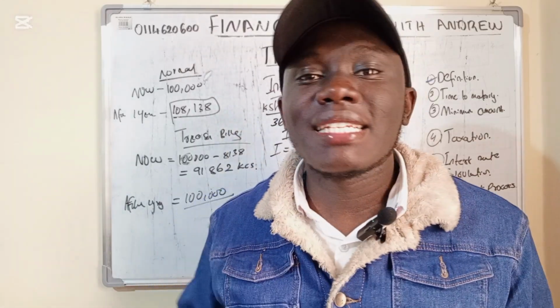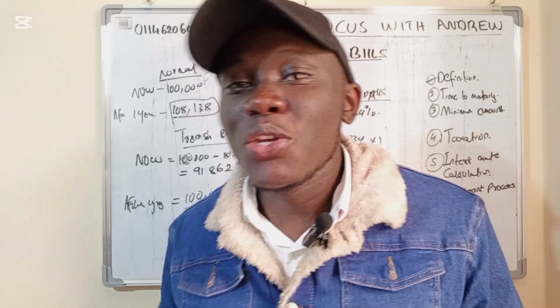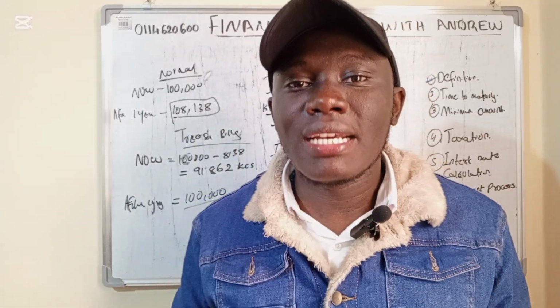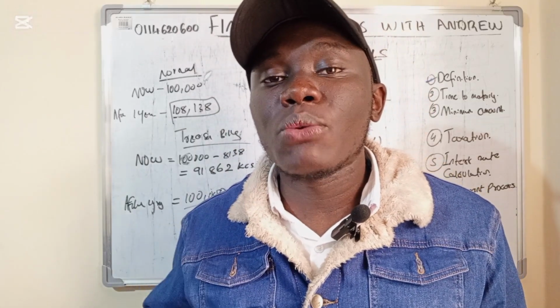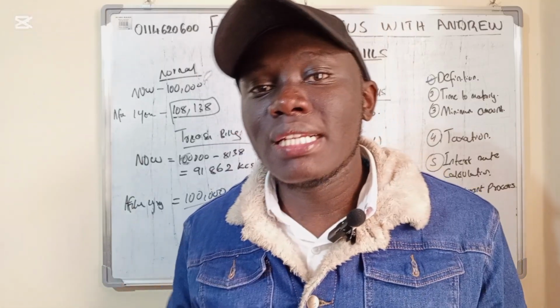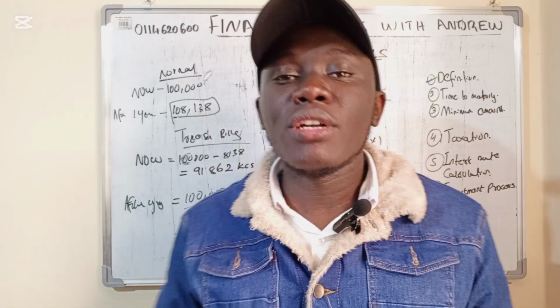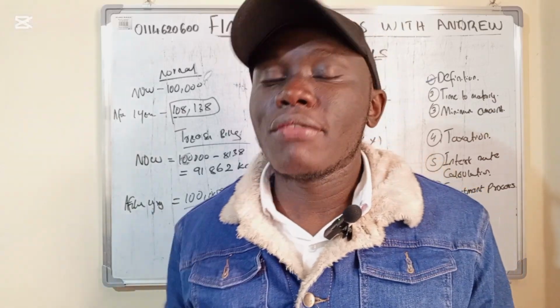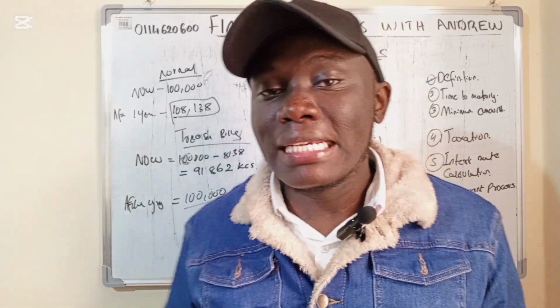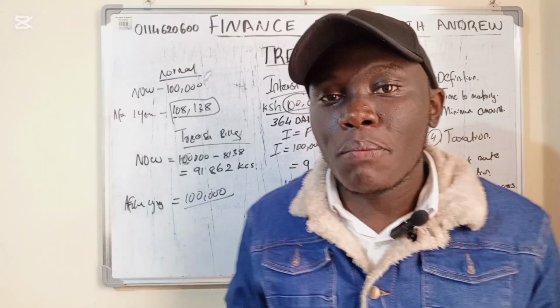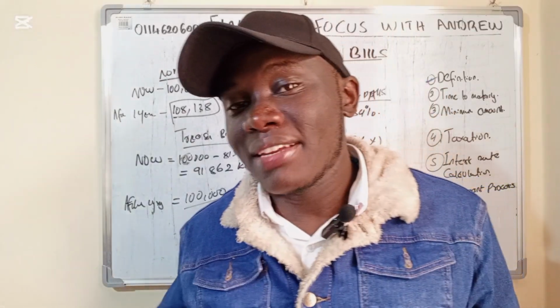That is a must. That is guaranteed. You are assured that every week there are 3 treasury bills that will be floated in the market. That is the 91 day, the 182 days, and the 364 days. So you don't have to wait for a long time to invest in treasury bills, because you have an opportunity each and every week.